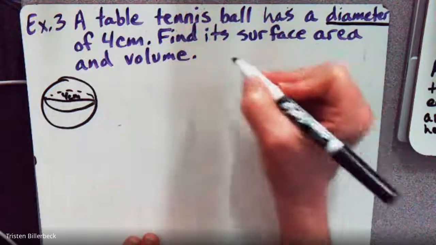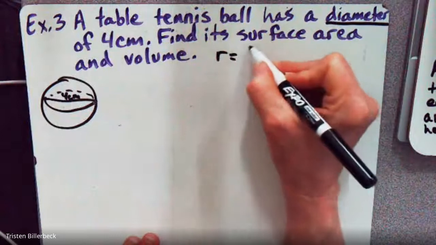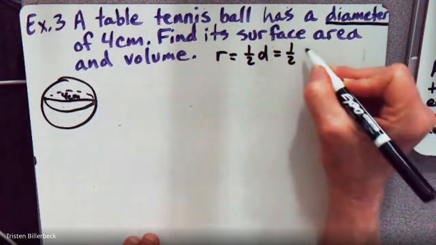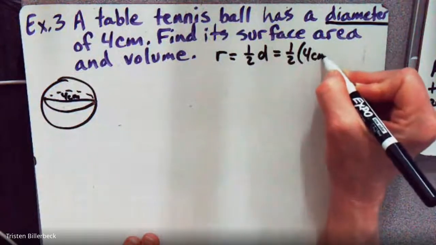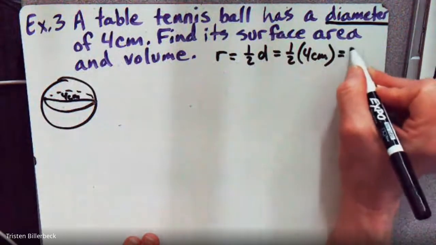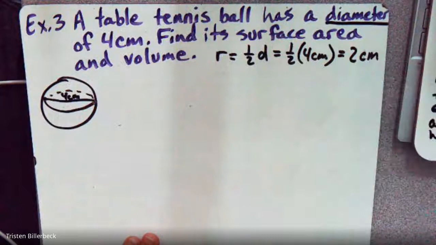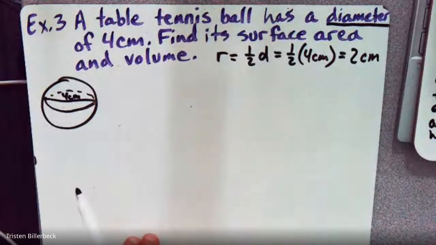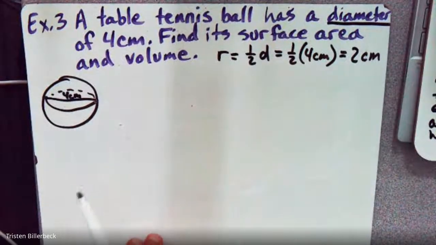But we want the radius. The radius is half the diameter, so half of 4 centimeters gives us 2 centimeters. We needed to do that at the beginning, otherwise we would have a very painful time of it.